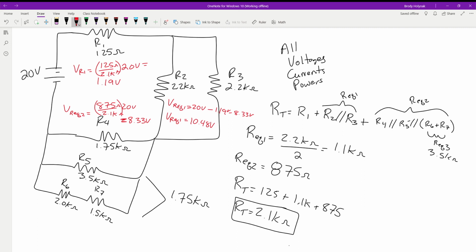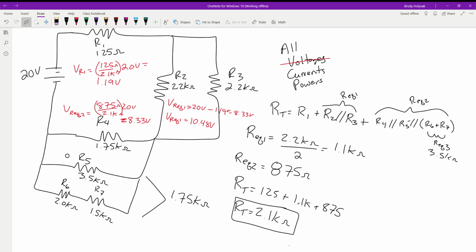Any questions about how we got there? Okay. So now that's going to give us the voltages across all these. R2 and R3 are going to have the same voltage here. R1's by itself. And then R4, R5 is going to have the voltage.